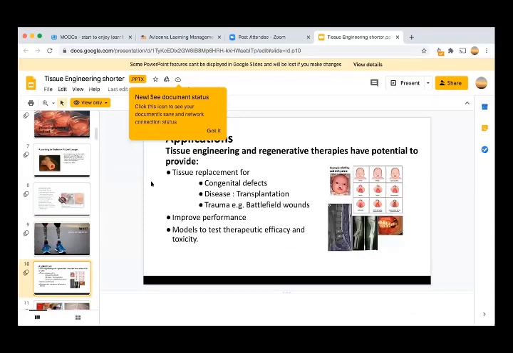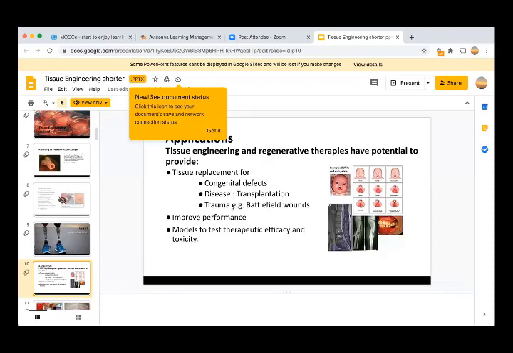So for tissue engineering, we talked about its applications, okay, where they can be used, for regenerative therapies obviously. They can be used for multiple congenital defects, like we said, as shown in this picture right here, cleft lip and cleft palate, okay. Other places they can be used to replace portions or whole tissues.